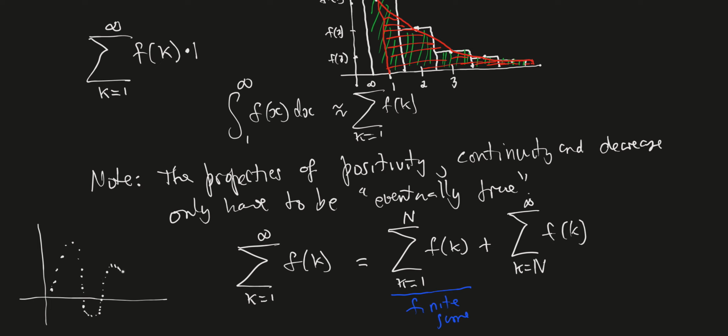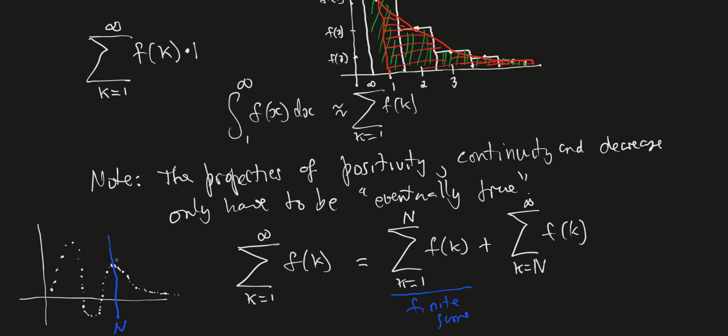And then eventually it starts to do this, and then it never stops doing that. So if I say that this now is my big N, then all these function values that I have to add up, I can just add them up. Whether they go up and down or whether they're positive or negative, it's fine. I can add these up.